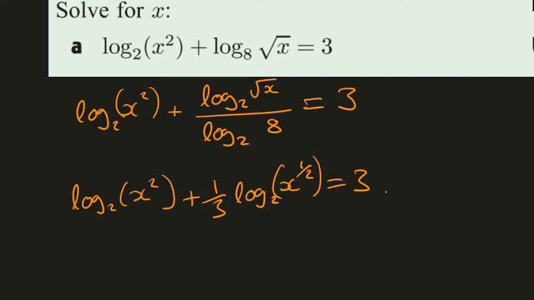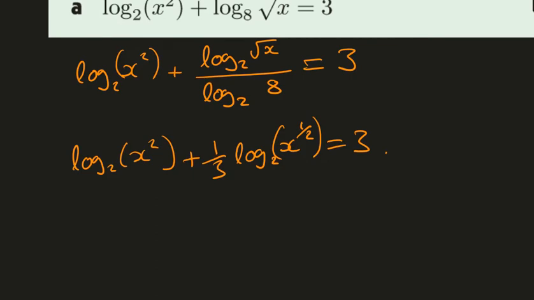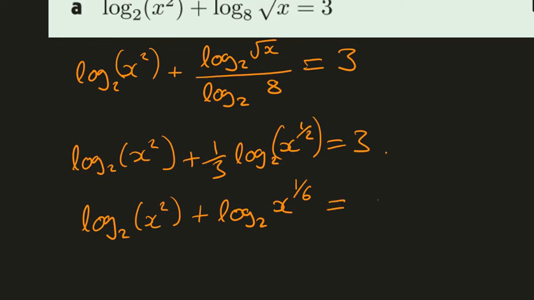And from there, we can bring the third up using the third law of logarithms. Log base 2 x squared plus log base 2, and it will have x to the half to the power of a third. Well, we'd multiply those together. We would have x to the power of a sixth is equal to 3.